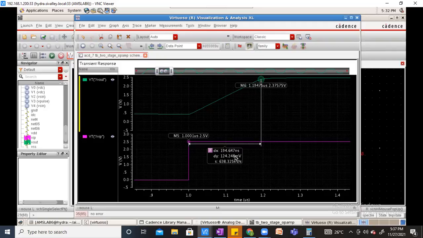Okay, so the settling time is the time your Opamp takes to settle your output within some percentage of your final value. Here the final value is 2.5 volt that it's supposed to settle to. Generally people will take 1 to 2%, some people 5%. Now I have taken here 5%, which is worst case. For the 5% variation, it is taking 194 nanosecond. This is the settling time of this Opamp, typical value.